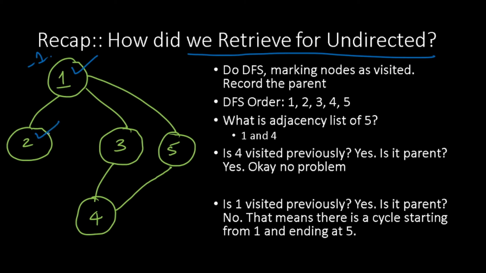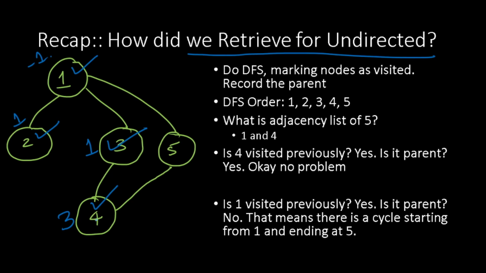So we visit it and mark its parent as 1 because we came here from 1. Now let us recurse back because 2 has no children. Does 1 have any other child? Yes, it has 3. So we recurse into 3, mark it as visited, and its parent is 1. Does 3 have any more children? Yes, 4. We walk into 4, mark it as visited, and record the parent as 3.